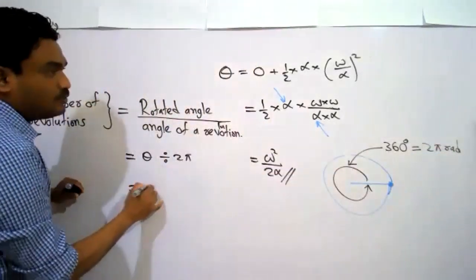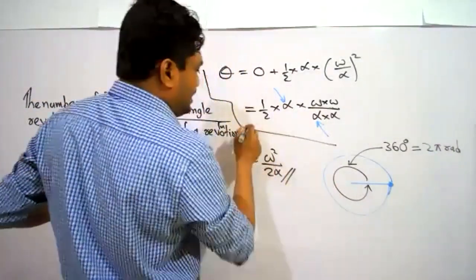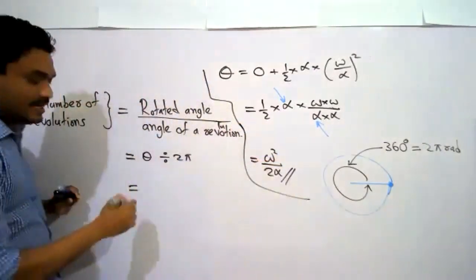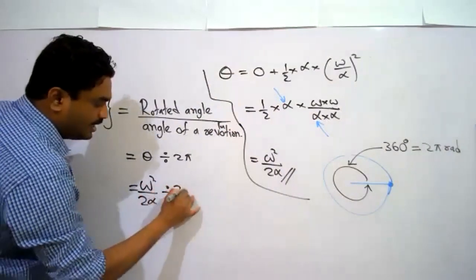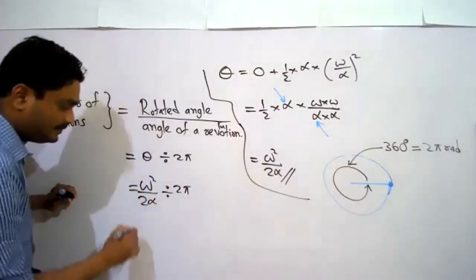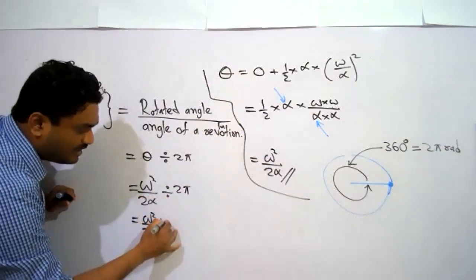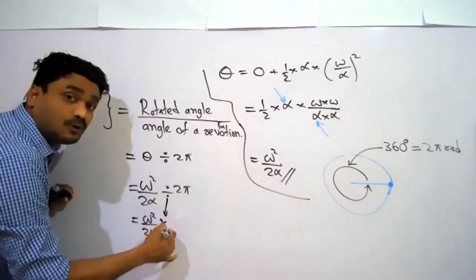So theta was found as omega square divided by 2 alpha. This should be divided by 2 pi. Now what will happen? Omega square divided by 2 alpha, division becomes multiplication when you take the reciprocal.